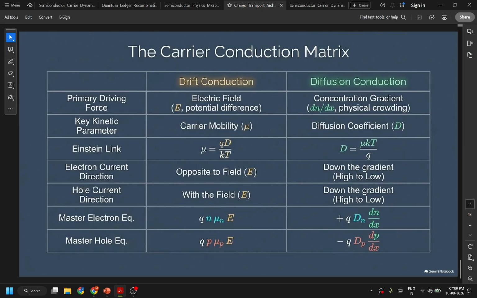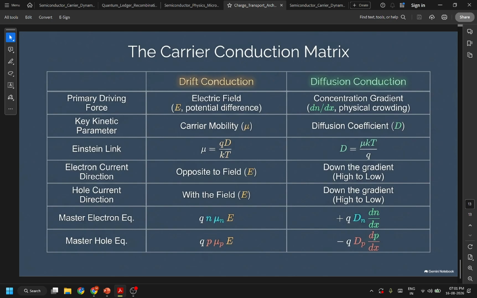The key kinetic parameter in drift conduction is carrier mobility mu, whereas in diffusion it is the diffusion coefficient D, and both are linked to each other by the Einstein equation, which is mu equals q D by kT, or D equals mu kT by q.